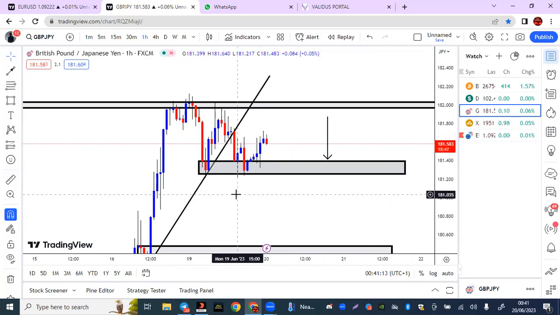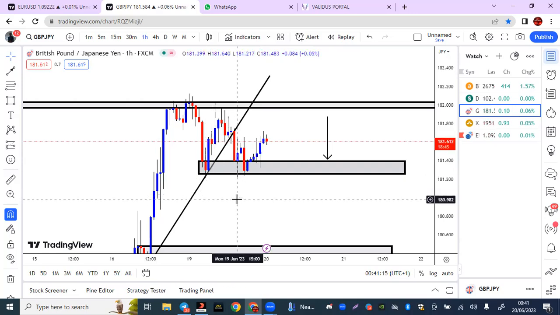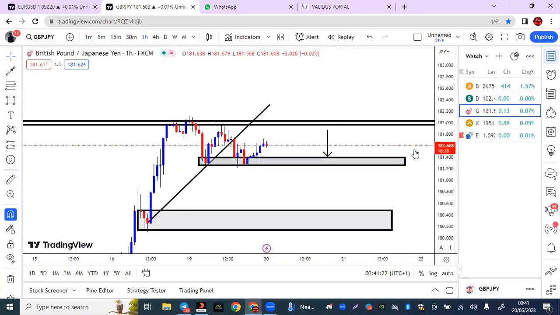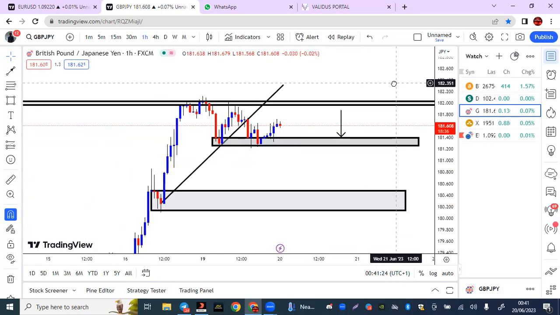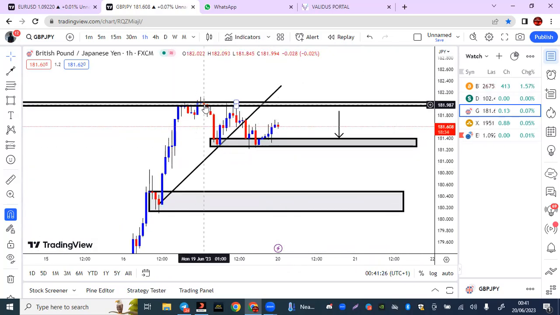Now, when you just say higher high, higher low, on the first definition, the general definition, everybody knows higher high, higher low. They'll tell you that GJ is now a downtrend. But based on supply and demand, traders cannot say that.